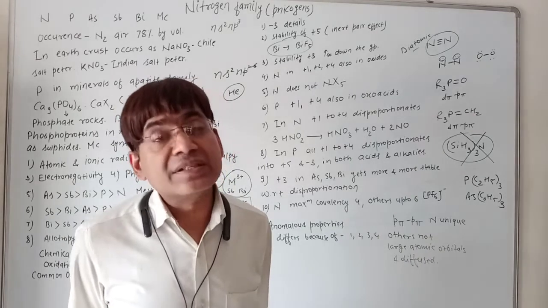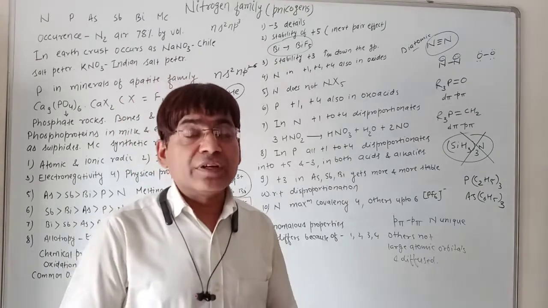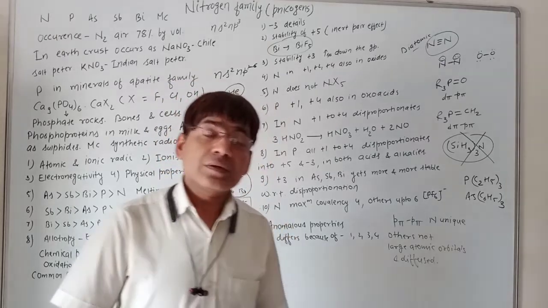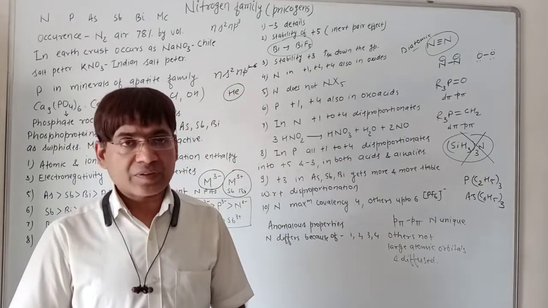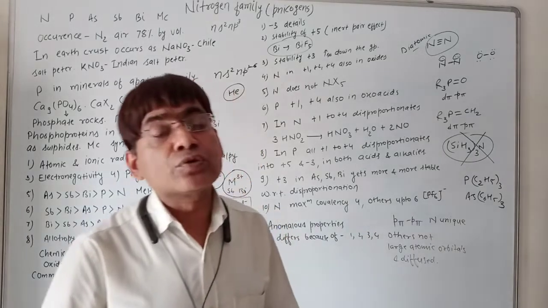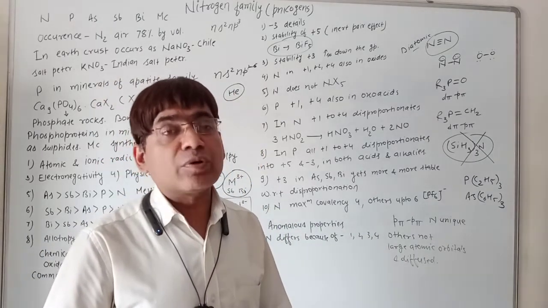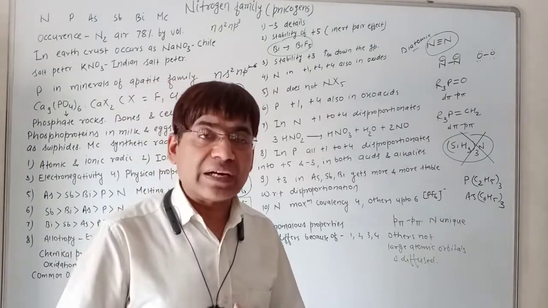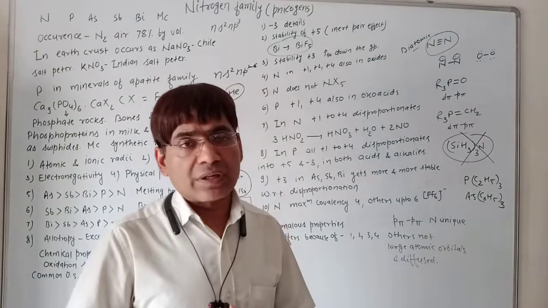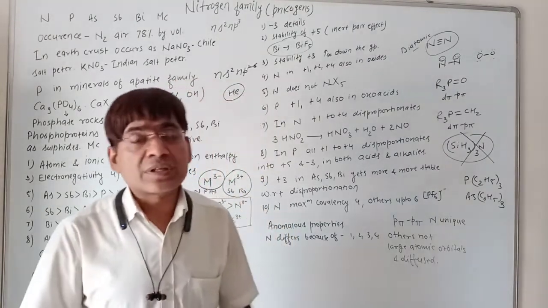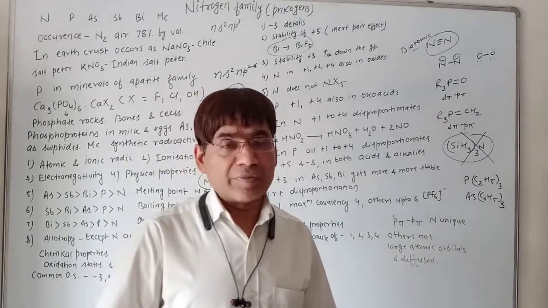The reason for this anomalous behavior of nitrogen is, first, that it is smaller in size, like the first member of every other group. Second, it is the most electronegative among the group members.